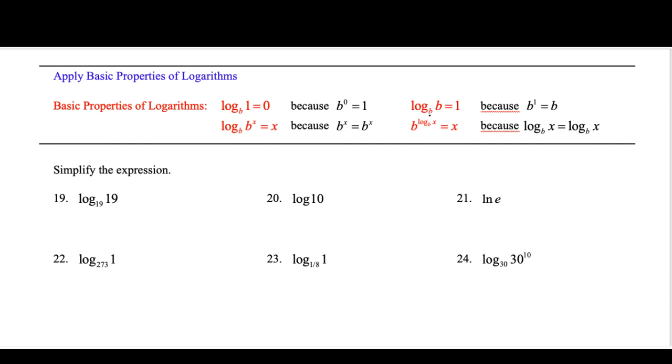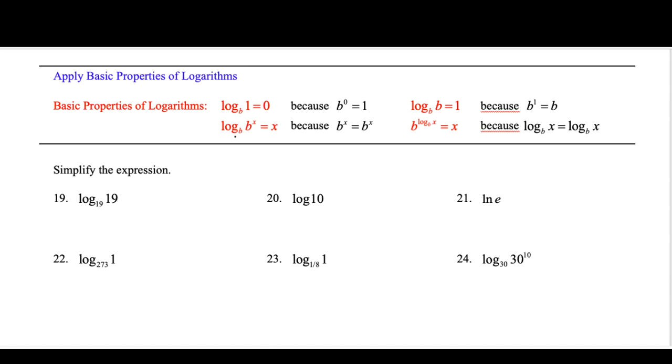Log base b of b is equal to 1, right? So if the argument of the logarithm is the same number as the base, the result is just equal to 1. And that's simply because if you take a base of b, you would be saying, b raised to what power equals b? Well, clearly, b raised to the power of 1 equals b, right? So that's why the logarithm of the base is equal to 1.